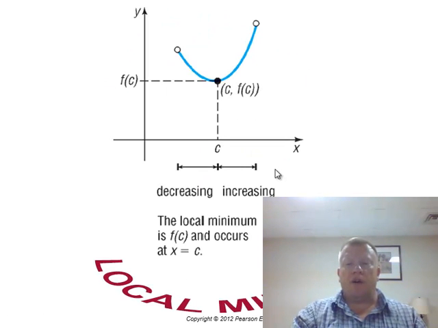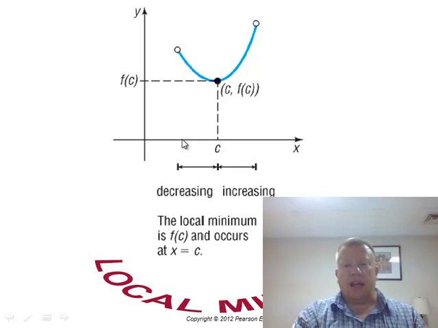And likewise, for a local minimum, we say that there is a local minimum at x equals c with that minimum value of f of c when you have some neighborhood of values surrounding c with x values such that f of x is greater than or equal to f of c.